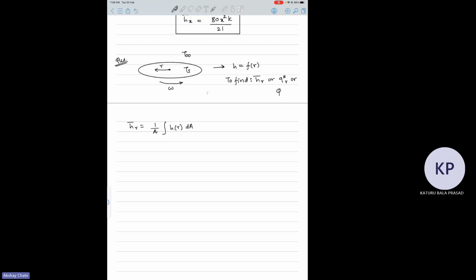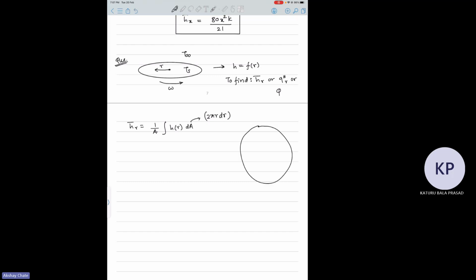But here, your dA will become a function of R. So typically dA is nothing but 2 pi R dr. We know that, right? We take a small strip on the surface, if you look at this disk from the top.